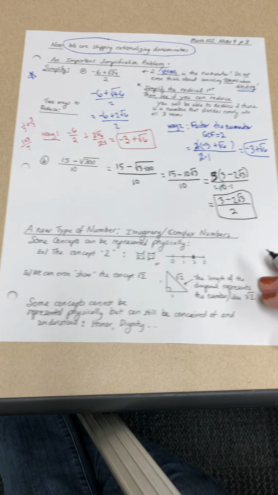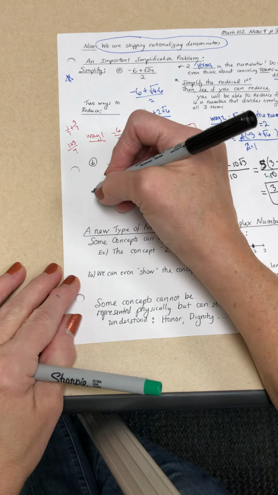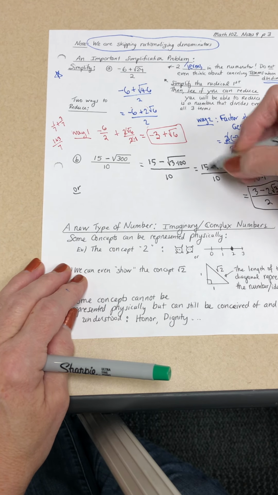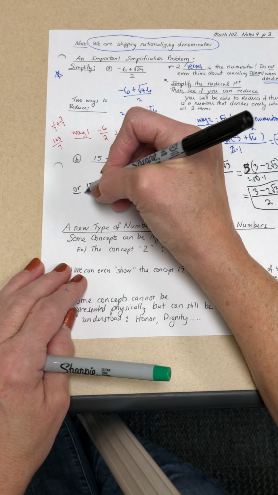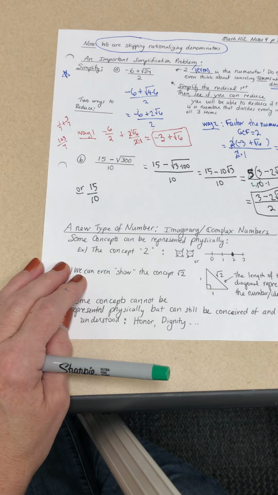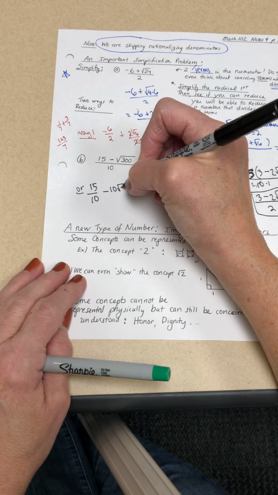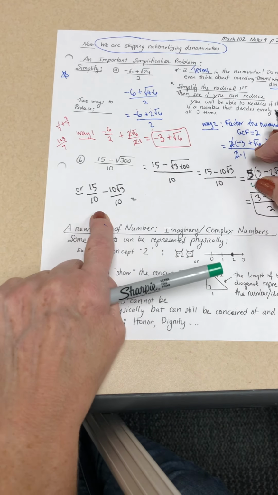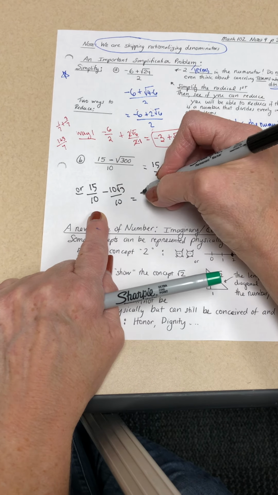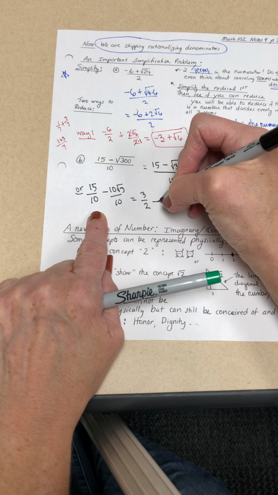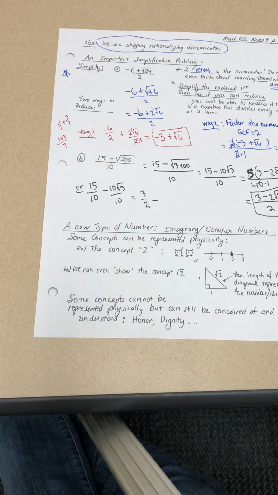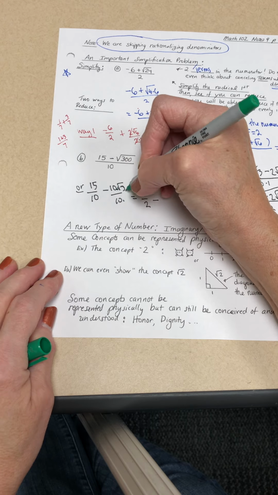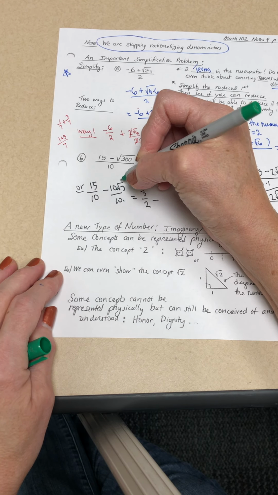Now, the alternate way would be to say, all right, I'm going to divide the 10 into both of these terms. I'm going to separate this into 2 fractions. So that'd be 15 tenths minus 10 root 3 over 10. And then reduce within each fraction. 15 tenths is 3 halves minus. Now here, yes, I can cancel the tens because that is a factor of the entire numerator.